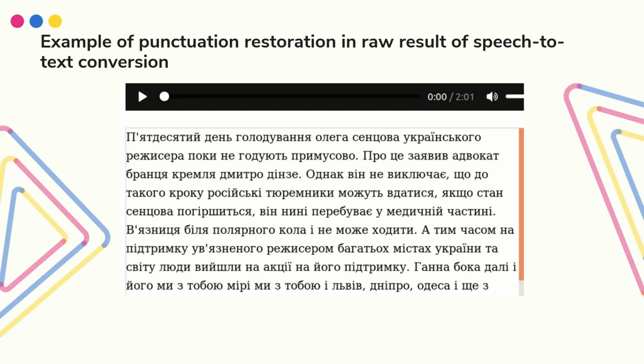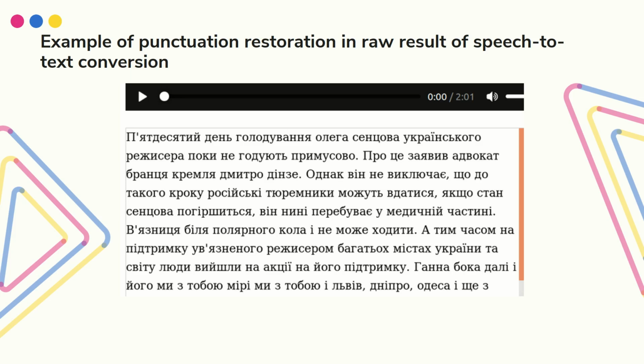The punctuation restoration model integrated into the ASR was trained on a larger corpus. Someone from the audience who can understand Ukrainian can evaluate how correctly punctuation is restored.